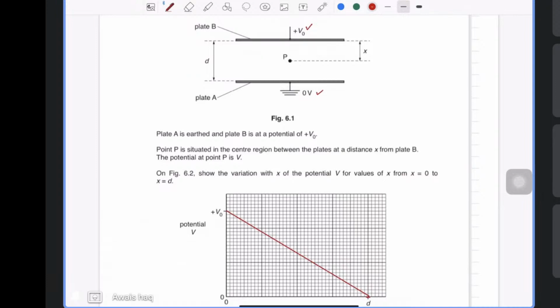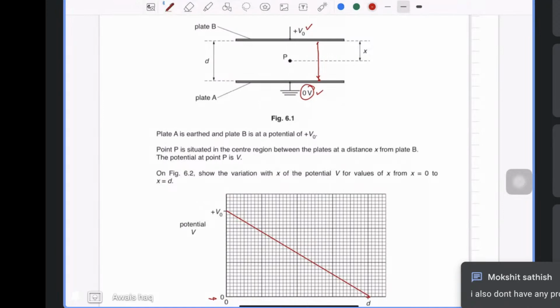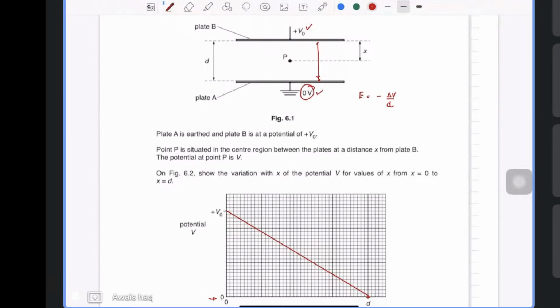How do I know it is 0? Because when any particle is going to reach this plate like here, it will have 0 potential. That is why I've drawn it like that. So by knowing this, we can always find electric field strength, which is negative potential gradient, and we can always find it like this. So it's pretty easy that way.